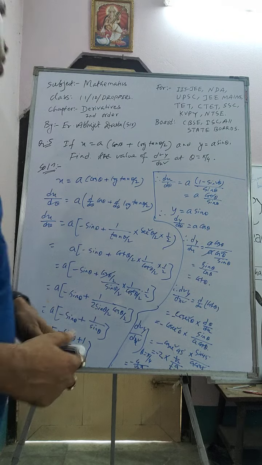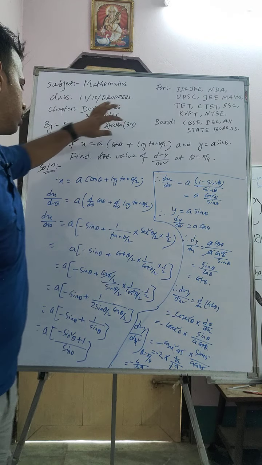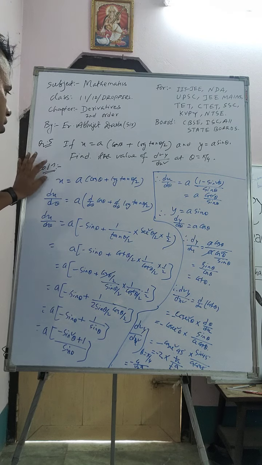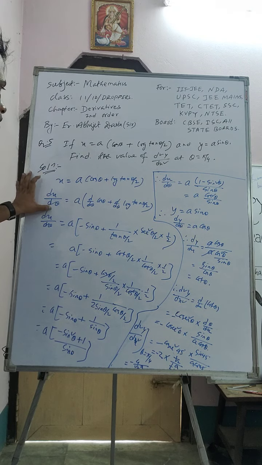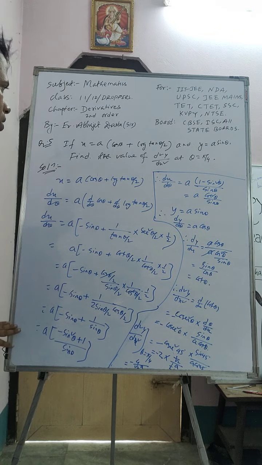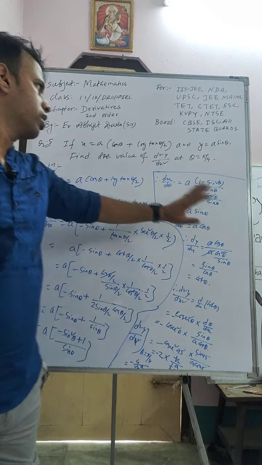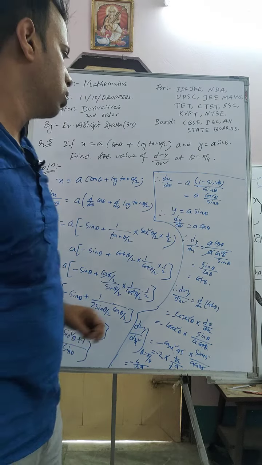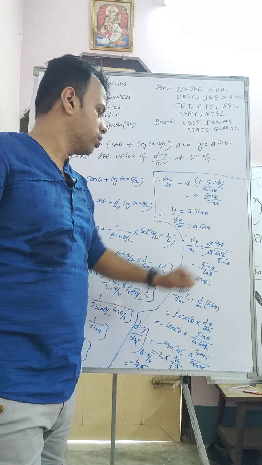So what I am doing here, I take this part first, and I differentiate with respect to theta both sides. Okay, after simplification, dx by d theta came to be this one, and after that I take this part and differentiate y with respect to theta also. So now dy by dx is this one.